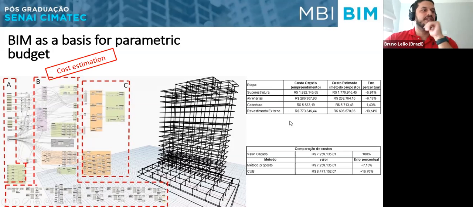If you see here, superestrutura is the structure of the building, and it presents a percentage error of -5.91% in the cost estimation phase, which is the percentage error relative to a descriptive budget, and so on.